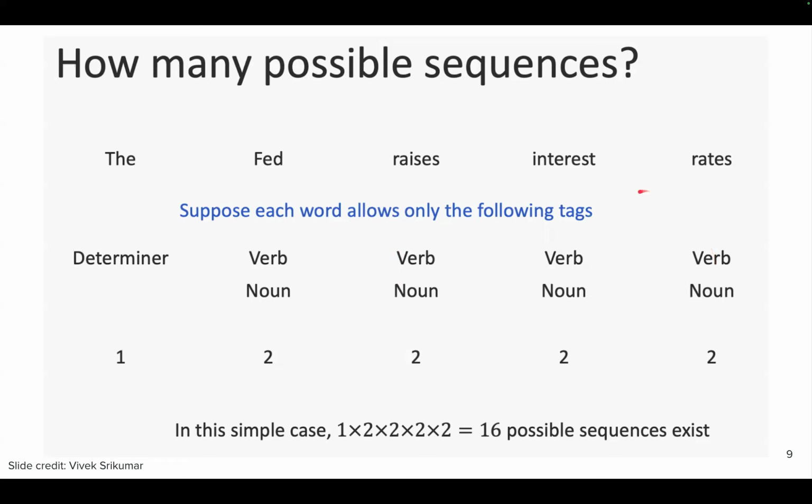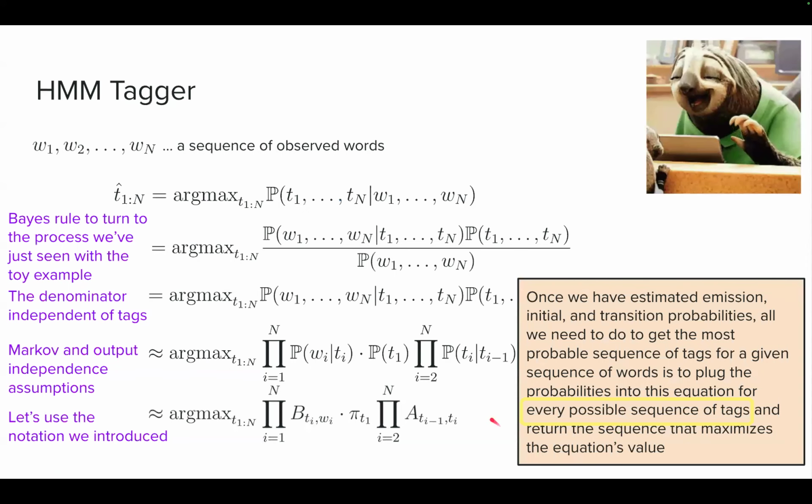And for this very simple case, we have seen that we have 16 possible sequences of tags, which means that for this very, very simple example, we would need to calculate this value for these 16 sequences. And this means that things are going to get slow once we have realistic sentence length and a realistic number of tags in our tag set.